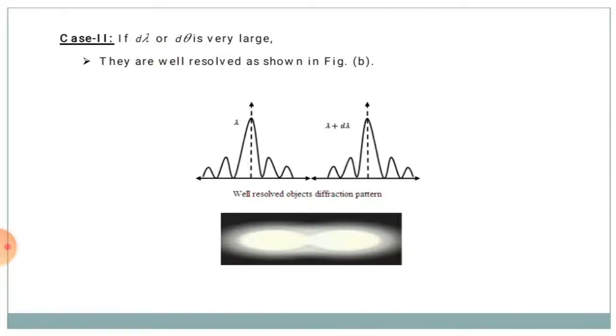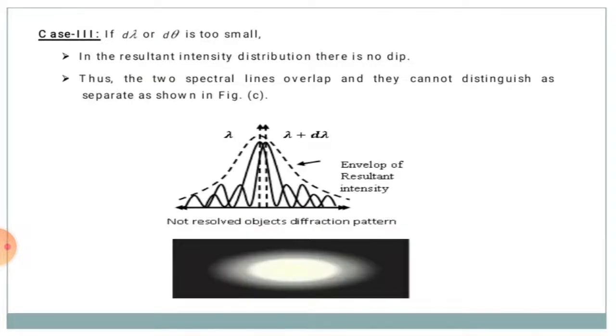And we will see the third case. In this case, if d lambda is too small, the wavelength difference between the two spectral lines is too small. In this case, the resultant intensity distribution has no dip. That is, the central maxima in the diffraction pattern of wavelength lambda overlaps with the central maxima in the diffraction pattern of wavelength lambda plus d lambda.